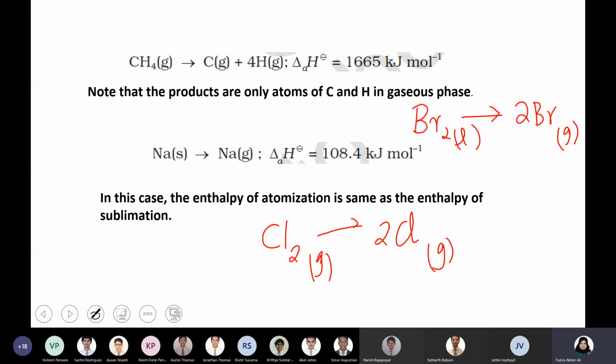So in some cases it is one process, but in other cases there will be more than one. In the case of bromine, the Br-Br bond is breaking down, and at the same time the state is changing from liquid to gas. But whatever happens, atomization means bonds break completely, and you need the atoms in the gaseous state.